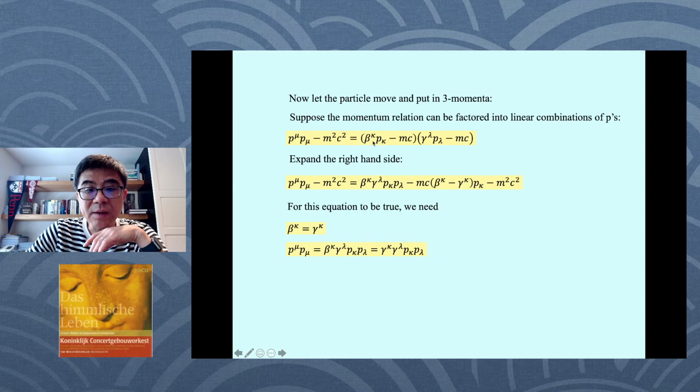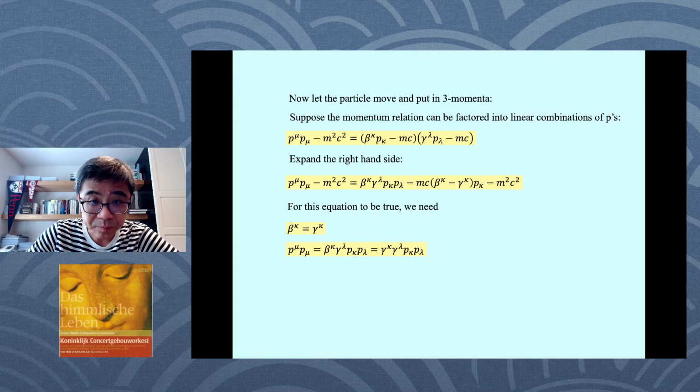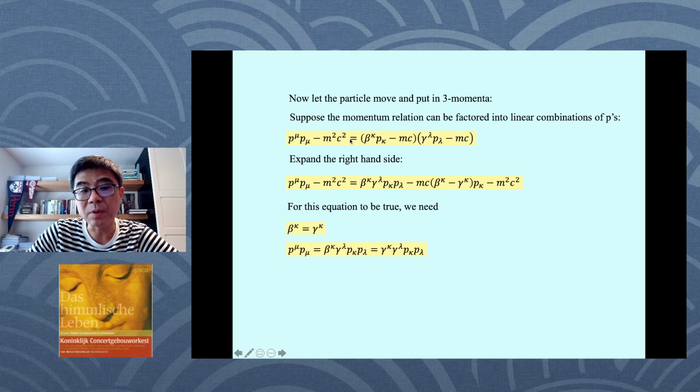At the moment, think of beta kappa as four constants and gamma lambda as four constants, but later you will see they could not be numbers. But that's the later story, I shouldn't go ahead of schedule. We demand this relation is true and try to find the beta and gamma to make it true.